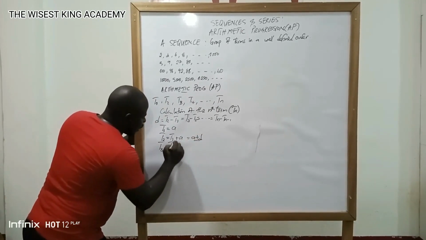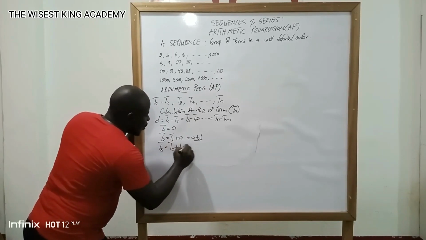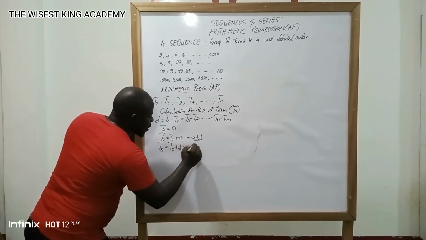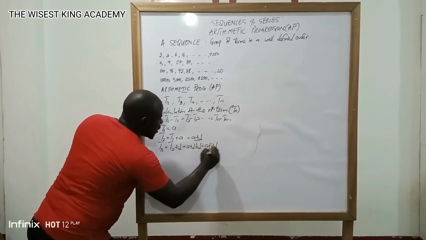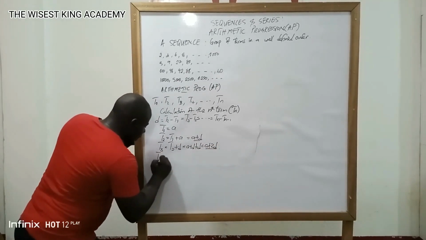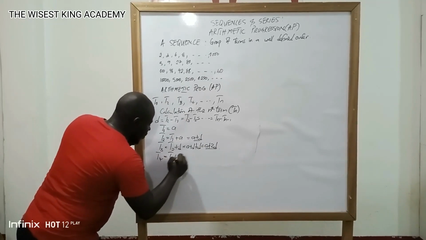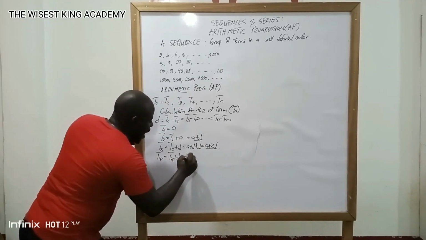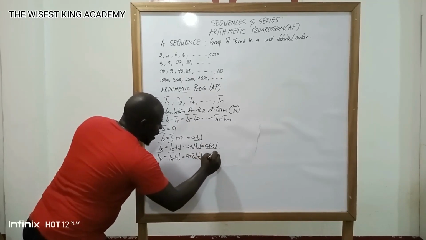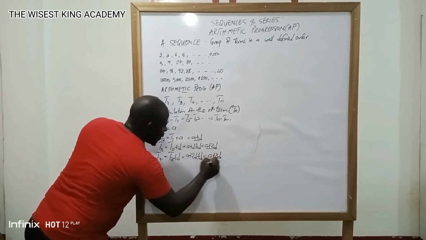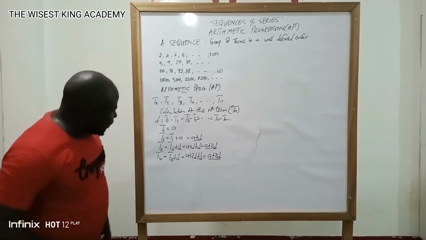T3 is going to be T2 plus D, which is equal to A plus D plus D, which will be A plus 2D. T4, that's going to be T3 plus D, which is A plus 2D plus D, which is equal to A plus 3D. Now, we want to generalize.